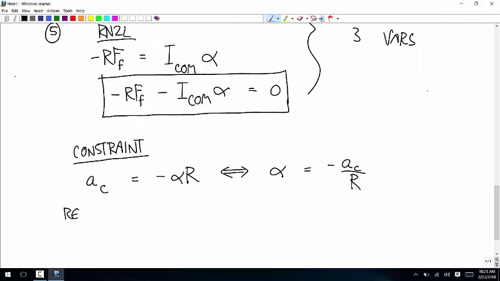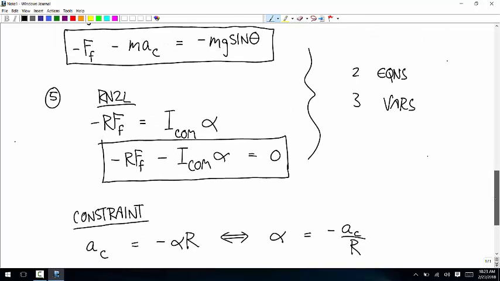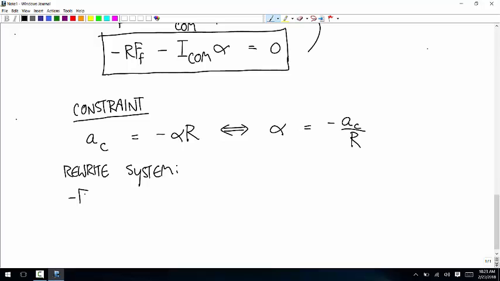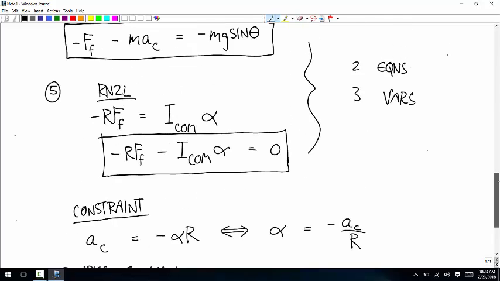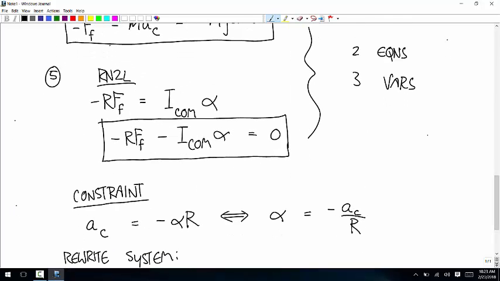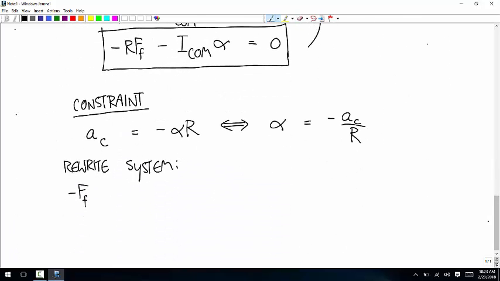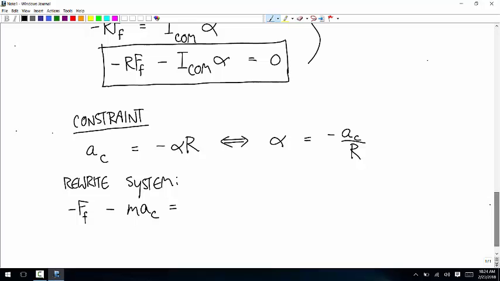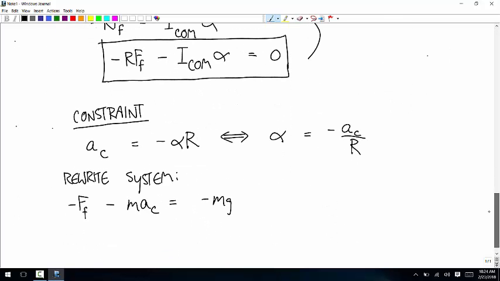So our system of equations says negative FF minus MAC is equal to negative mg sine theta.